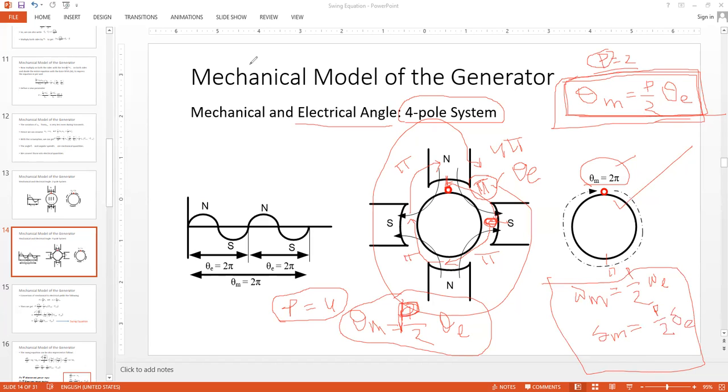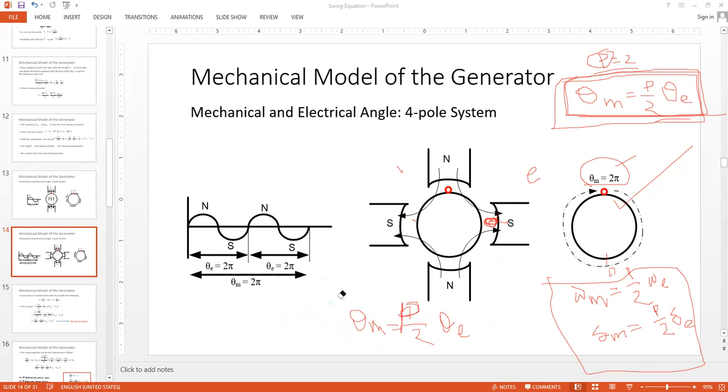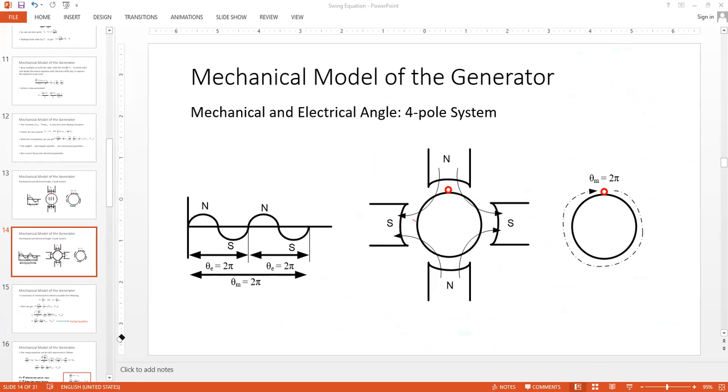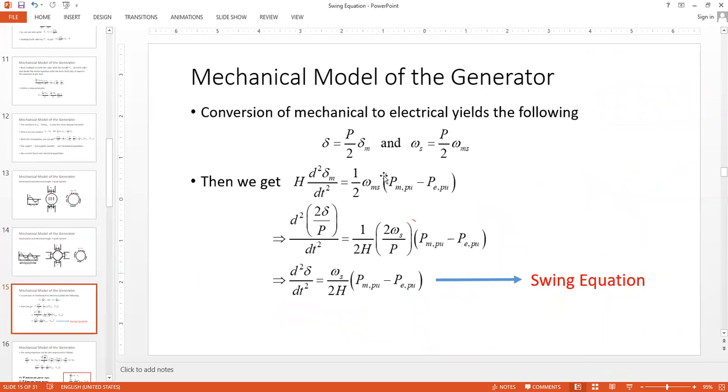Once we are done with this generalized relationship between theta m and theta e, we will use it in our previously derived expression, and now we will move into the electrical domain from the mechanical domain. So conversion of mechanical to electrical yields the following.